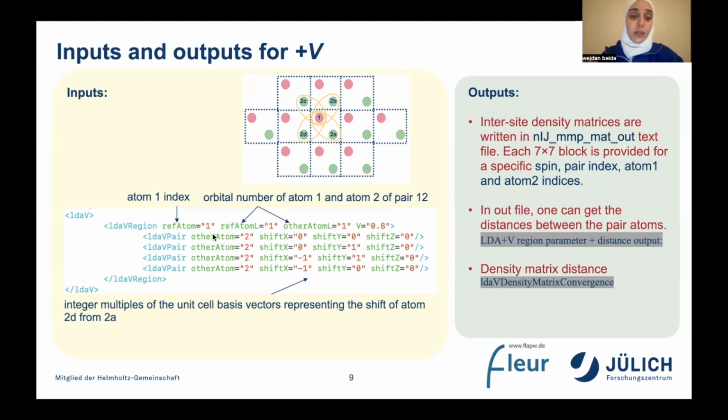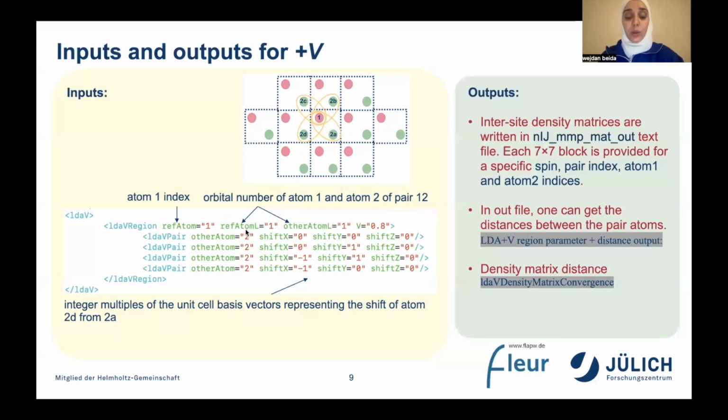In the input.xml file, you add such an input. Here you specify the index of the reference atom, which is 1, and then the index of the other atom, which is 2.